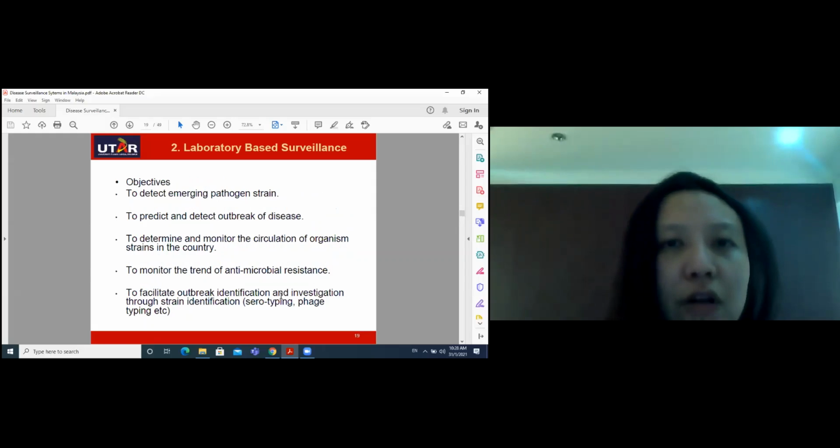The objectives of this laboratory-based surveillance are to detect any emerging pathogen strain, to predict or detect any outbreak, and of course for the monitoring and evaluation of our current public health programs.